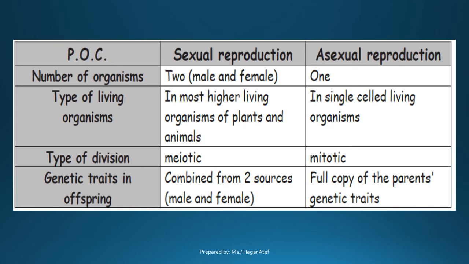Type of division in sexual reproduction is meiotic, but in asexual reproduction it is mitotic. Genetic traits in offspring in sexual reproduction combine from two sources, male and female, but in asexual reproduction, a full copy of the parent's genetic traits.